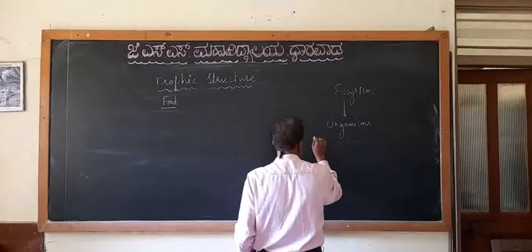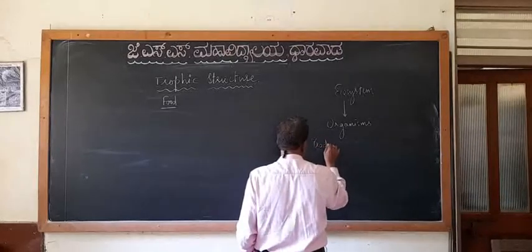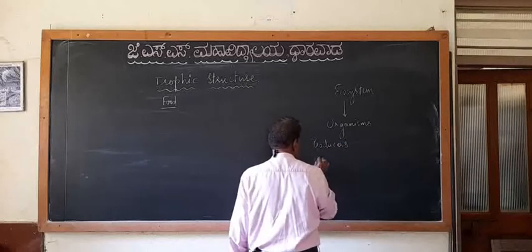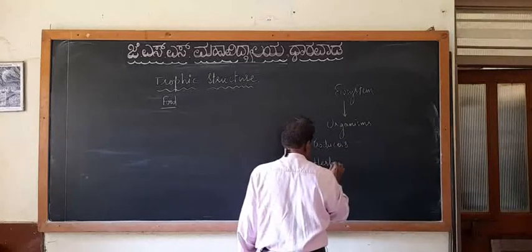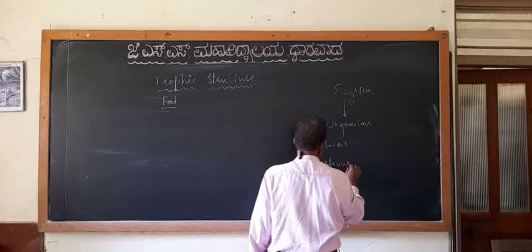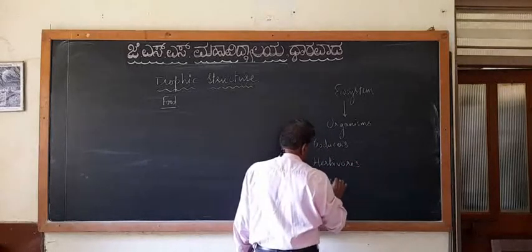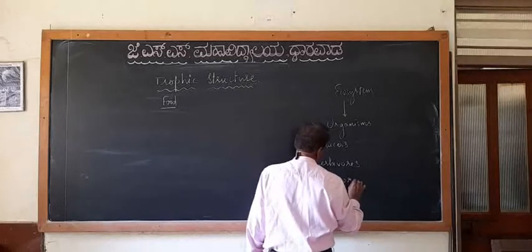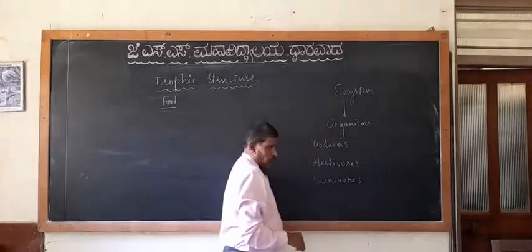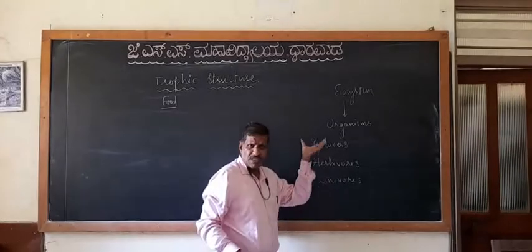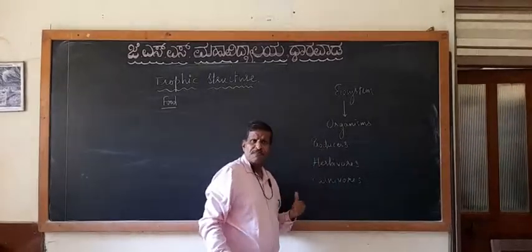We find producers. We find herbivores. Even we find carnivores. These are the different kinds of organisms that we can see in the ecosystem.